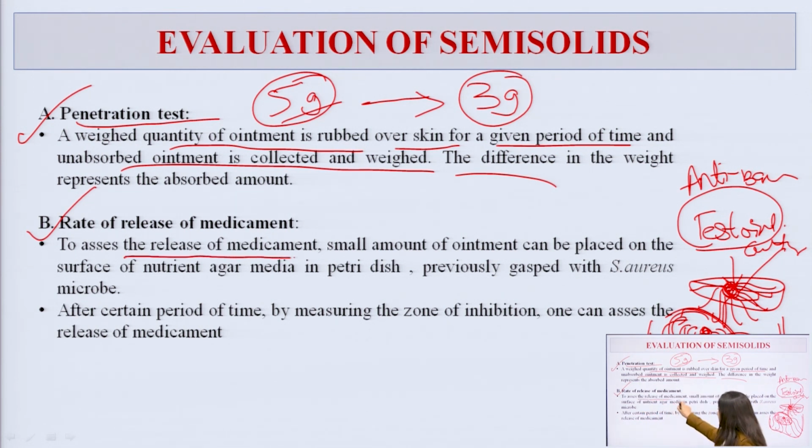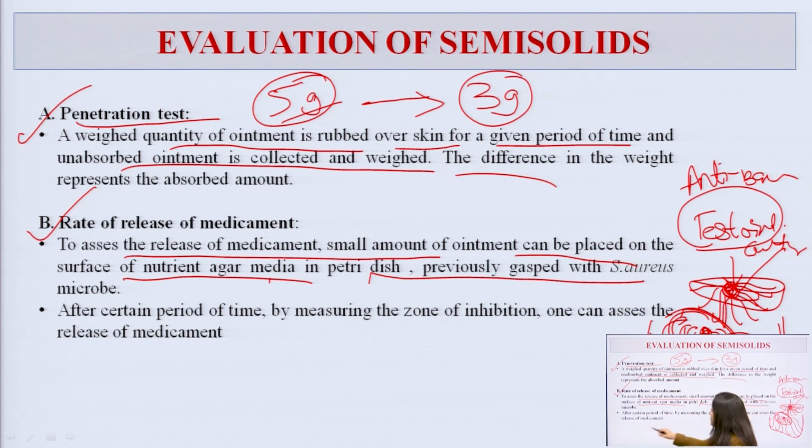To assess the release of medicament, a small amount of medicament or ointment is placed on the surface of nutrient agar media. Here I would like to add one thing. This nutrient agar media consists of a suitable culture of microorganism on which we are supposed to do the testing. So, previously it is seeded with S. aureus, that is Staphylococcus aureus.